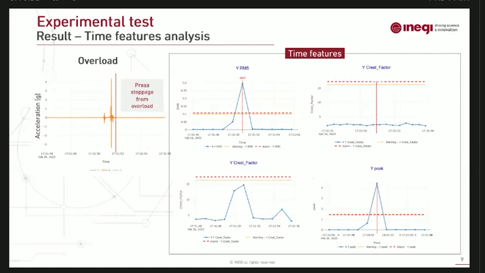So we know that probably these time features are really representative of the different operating conditions, and from that we can actually monitor the process and the condition of the press.